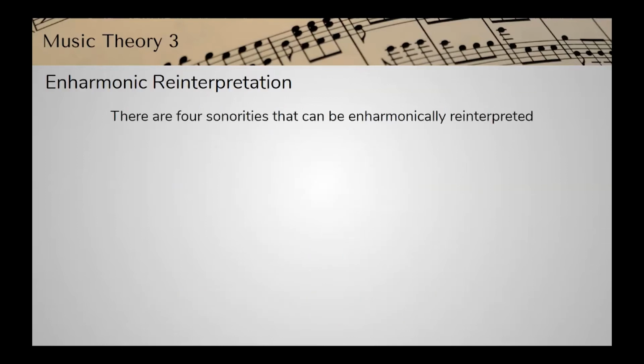Okay, so there are 4 sonorities or chords or sounds that can be enharmonically reinterpreted. One is the one we just saw, which is a major minor 7th chord, and that can be interpreted either as a 5/7 or as a German augmented 6th. Another harmony that can be interpreted in a lot of different ways is a fully diminished 7th chord.